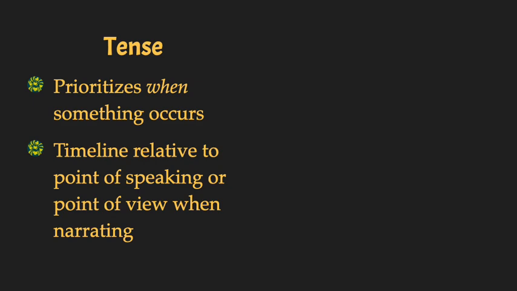So how it actually gets applied may be a little bit different, but it prioritizes the when of it all. And the timeline itself is going to be relative to the point of speaking. So when you're saying something, you're saying what's happening right now or what just happened or whatever. So it's relative to the point of speaking.